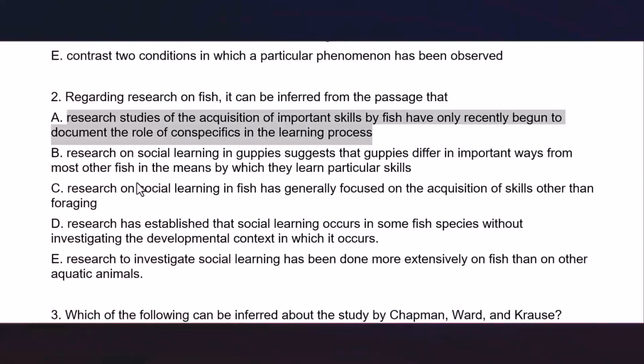Choice A, research studies of the acquisition of important skills by fish have only recently begun to document the role of conspecifics in the learning process. No, this option is clearly incorrect because in the passage you cannot find any sentence pointing to the role of conspecifics in the learning process as recently been documented.